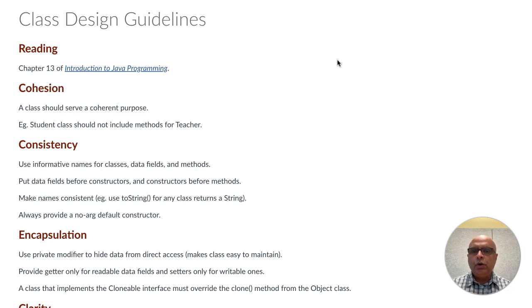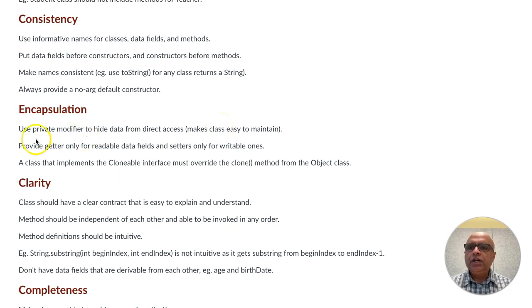Always provide a no arg default constructor. This is from the lesson when we talked about constructor chaining. This becomes very important, right? Encapsulation, right? Use the private modifier to hide data from direct access, right? That way, later on, you can change, maybe use a different data type as your class definition evolves, right?